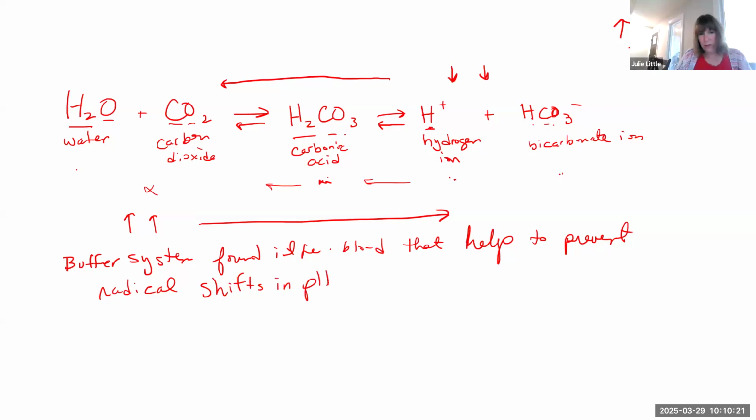In other words, it's a buffer. If we added extra hydrogen ions, our pH isn't going to plummet down past this area, and we would be in a situation of acidosis. Or if we take away hydrogen ions, we won't go this way and become alkalotic. So this buffer system softens the blow and helps to maintain our pH within 7.35 and 7.45.